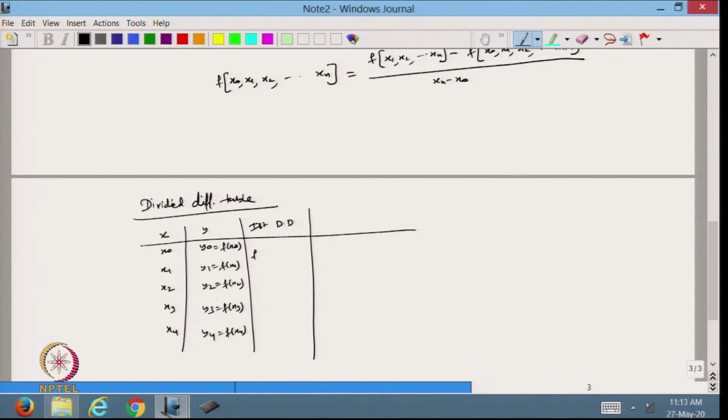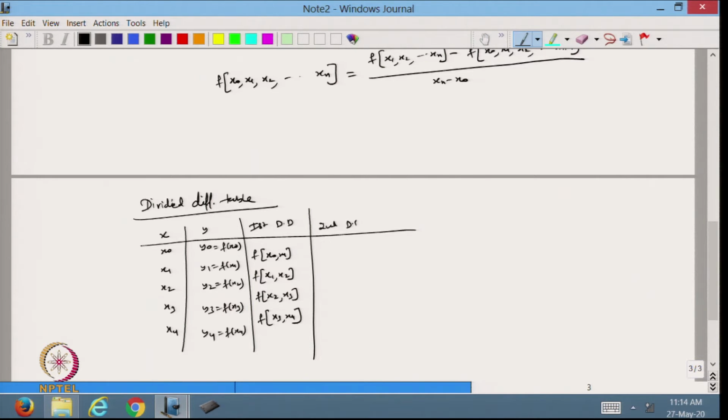So from here I will get this equal to the first divided difference: [x0, x1], [x1, x2], [x2, x3], [x3, x4]. So this is the first one.